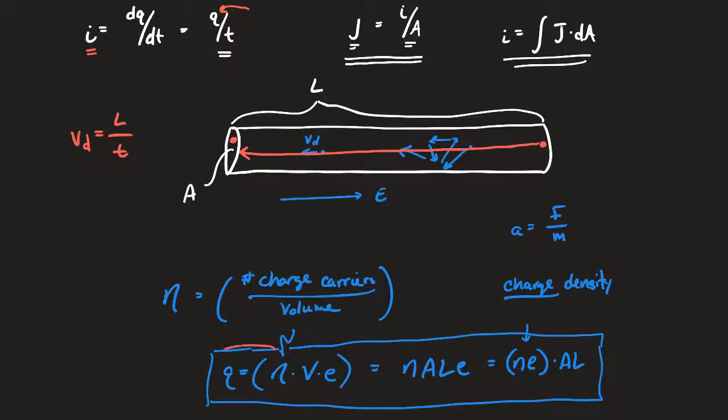So if Q represents all of the available charge in the wire, and we know that they all have the same average drift velocity, then I could say that current, which is Q over T, would be the charge density times the size and shape of the wire divided by that same unit of time, T. Now, this would give me an expression for current in terms of the charge density, the cross-sectional area of the wire, and now the drift velocity.